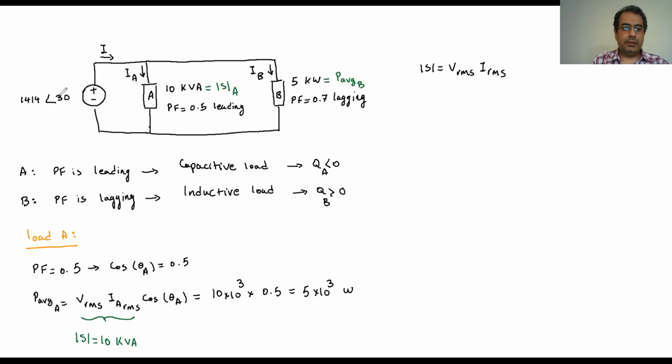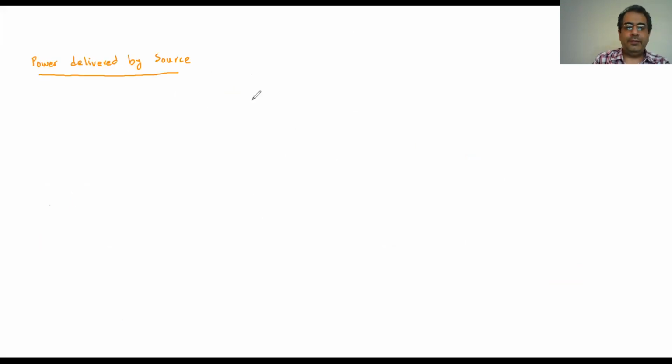All the power delivered by the source is consumed by these two. So it's split between these two. So whatever the source offers is absorbed by these two. So basically, the power delivered by the source should be equal to adding everything that these two consume. So we can go ahead and say that the average power that the source delivered is the average power used by A plus the average power used by B.